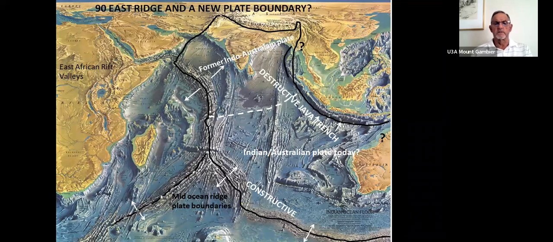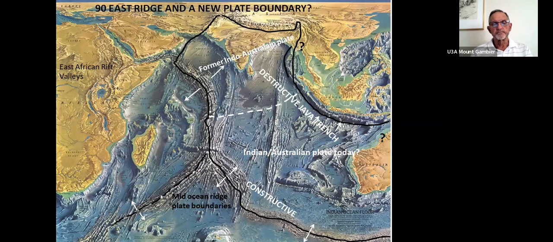But when we look at this, I know it's an artist's impression and it's 25 years old, but there's a very, very prominent ridge extending from the Bay of Bengal southward some few thousand kilometres west of Western Australia. And that's known as the 90 East Ridge because it's effectively along the 90-degree longitude line.